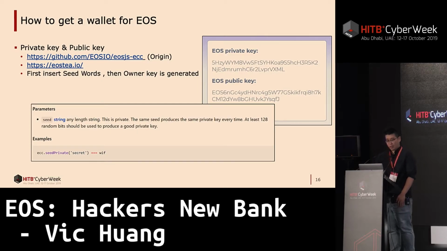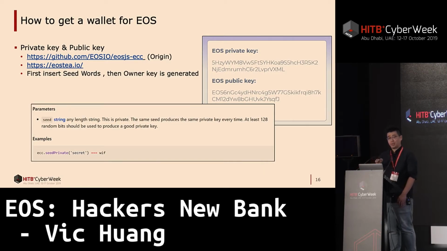And the second one, EOST, is a China project. They just import the tools into a website, so when you view the website, you can push one button to create your own key pairs, and so you can use the EOS wallet.